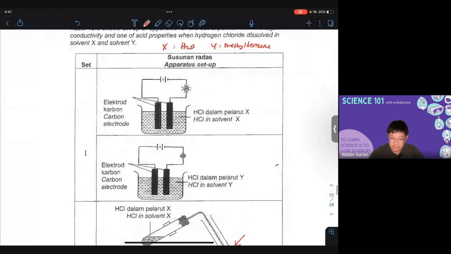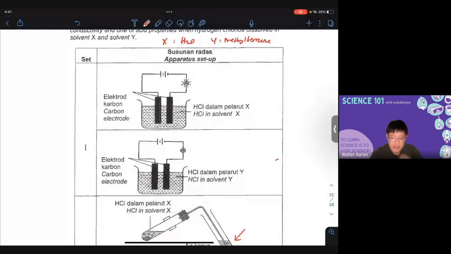So here you can say that acid dissolves in water to produce hydrogen ions, and because there are ions inside, it can conduct electricity. Then you can say that HCl at the bottom one remains as a molecule.